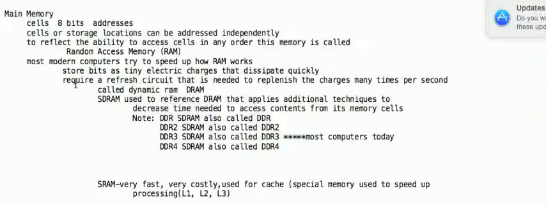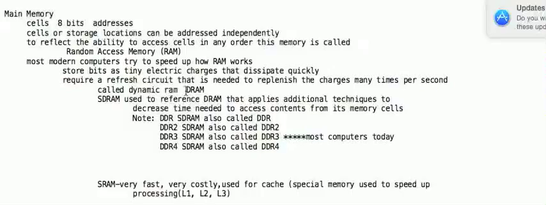That means that we require a refresh circuit to replenish the charges many times per second. This is called dynamic RAM. The idea that electronic bits have charges that go away very quickly, and that these charges require a refresh circuit to replenish the charges many, many times per second, that's what dynamic RAM is.